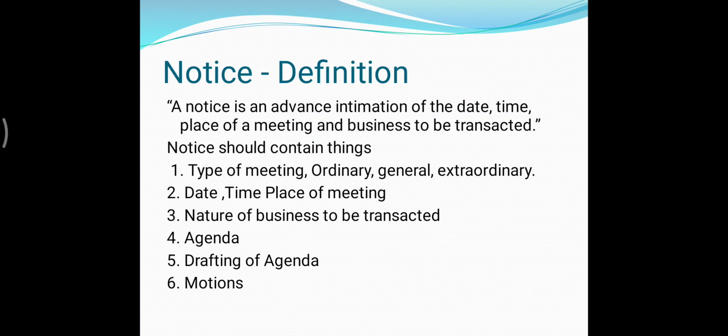These types of details are just part of the notice. What we have to cover in the notice requires certain precautions. The first one is, what is the type of meeting? Ordinary, general, or extraordinary, special meeting.